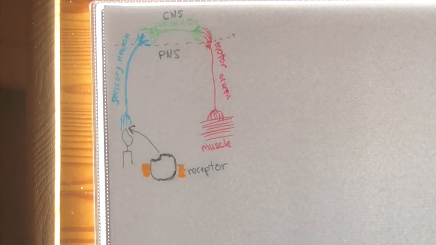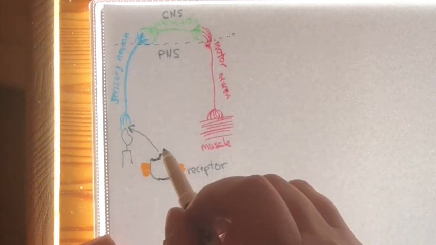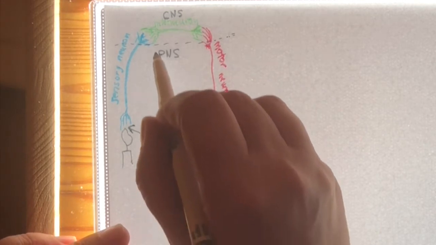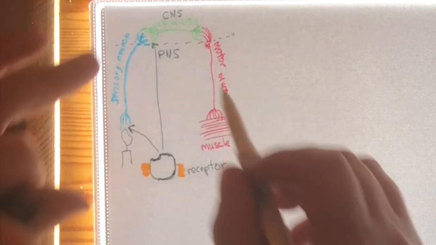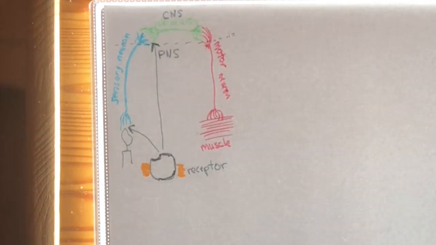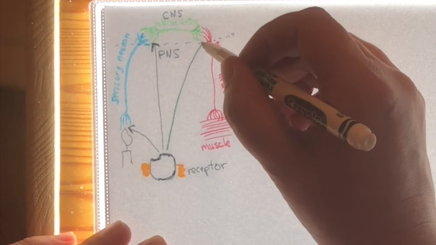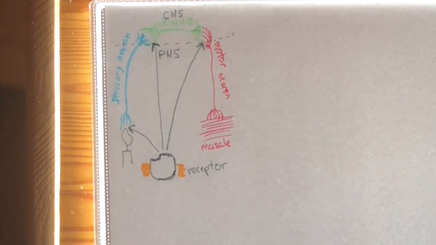But what might be a little harder to understand is that there are going to be receptors at various other levels of this diagram. So for example, the interneuron in the central nervous system needs to be able to hear what the sensory neuron is telling it, so it needs to be able to receive that information.